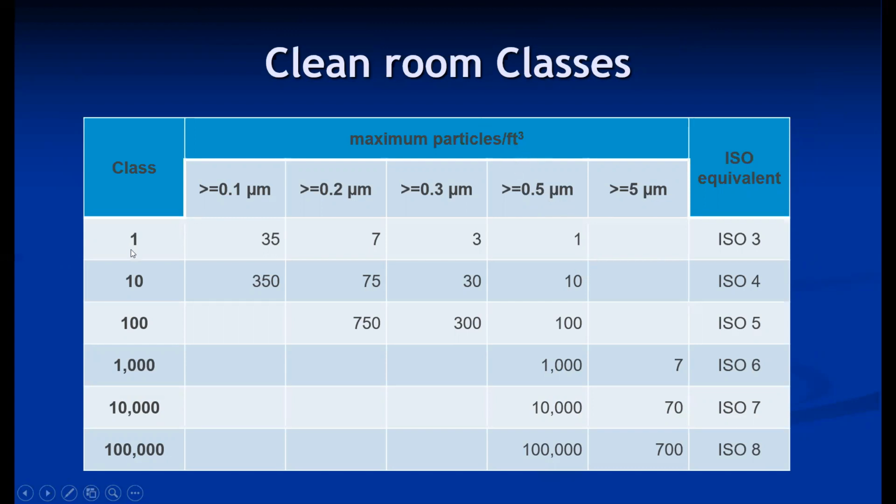For example, class 1 only permits one particle of size 0.1 micron and above, and for class 10, 10 particles are permitted. Like that, the class number indicates the number of particles permitted of size 0.1 micron.